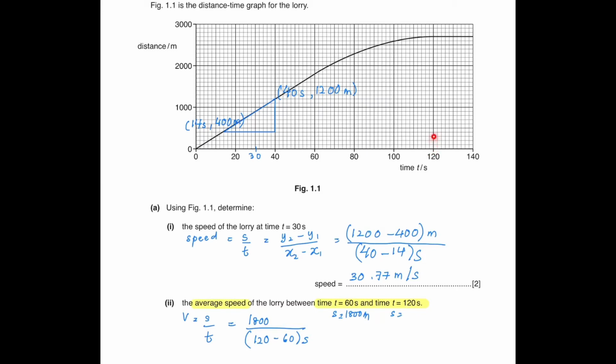Here is t equals to 120 seconds. Okay, so here is the distance. 2,700. So when t is 120 seconds, distance is 2,700 meter.